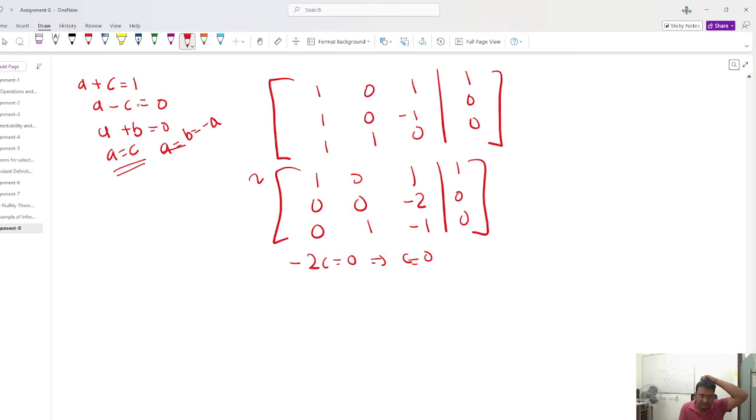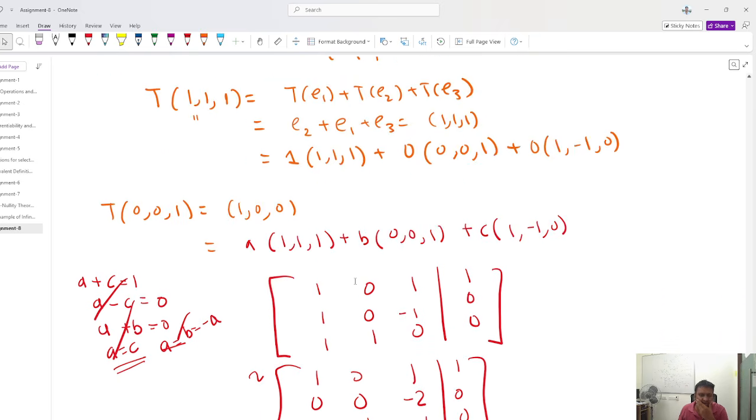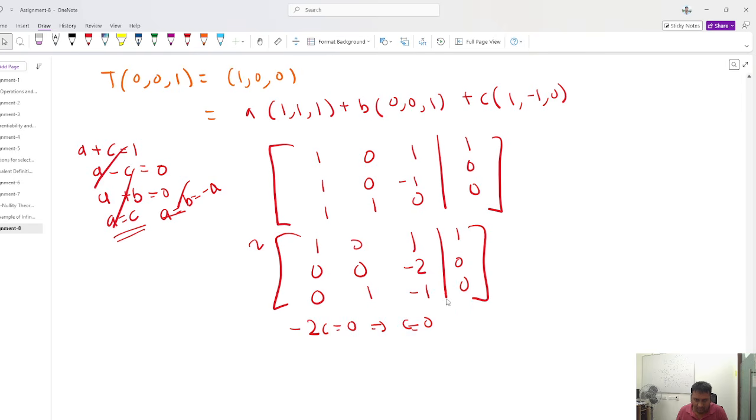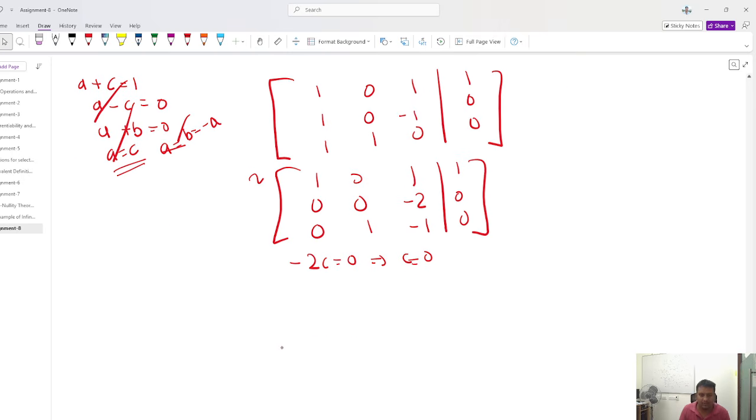You don't need C. So there's some calculation mistake. And from the third one you will get, oh, something is wrong again. Oh my God, what am I doing? No, nothing is wrong. I'm just confusing myself.